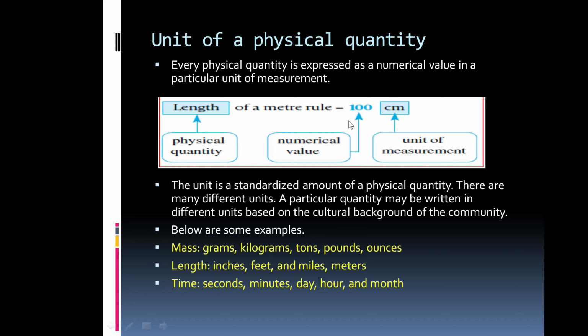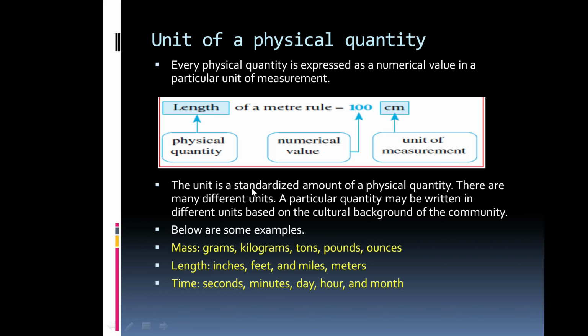This message is not clear, this instruction is not clear, this is not a complete sentence. If we say centimeter, then the person will know that the length of this meter rule is 100 centimeters. So this centimeter, cm, is the unit of measurement which is used for the identification of the physical quantity, that is, which type of physical quantity we are having.